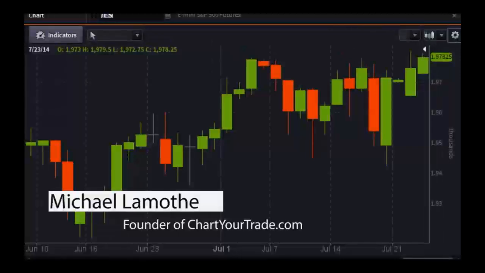What I also saw was a support level around 1952 with the 50-day moving average cradling above that level. That was an indicator to me that we're still in a bullish environment.